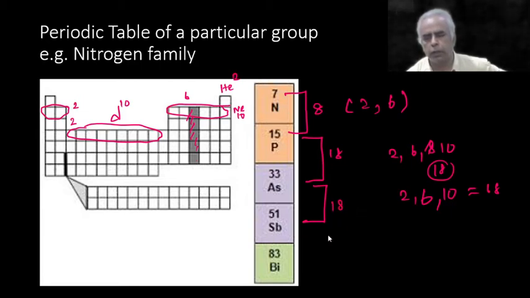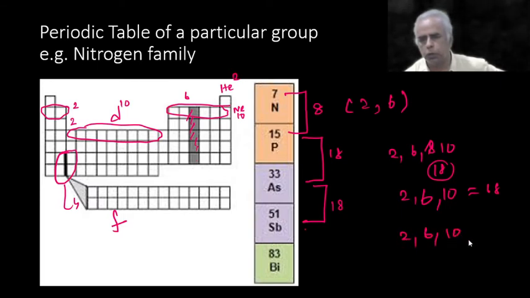Add 18. But when you find the difference between antimony and bismuth, you can find it is not 18. It means you have the inner transition elements, that are kept outside as F block. So it has come across F also. In that case, S block, P block, D block, and in F block you have 14.